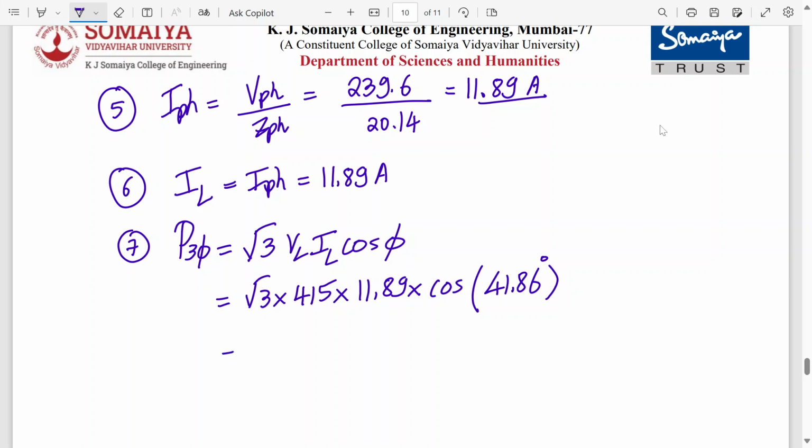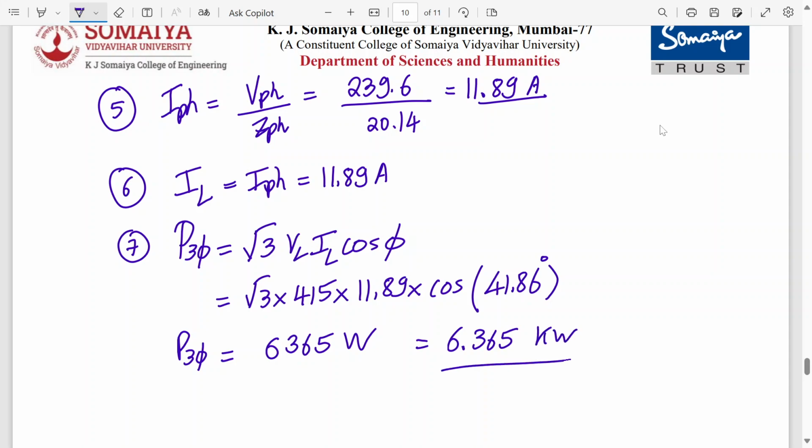So tell me this number. Power in three phase will be 6.365 kilowatt.